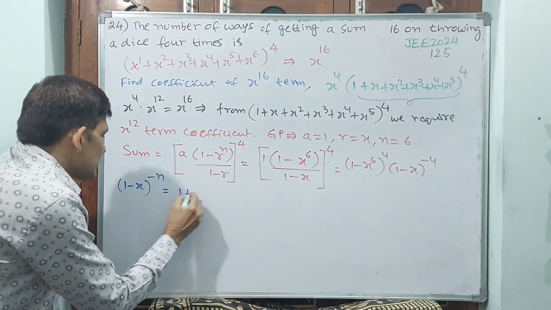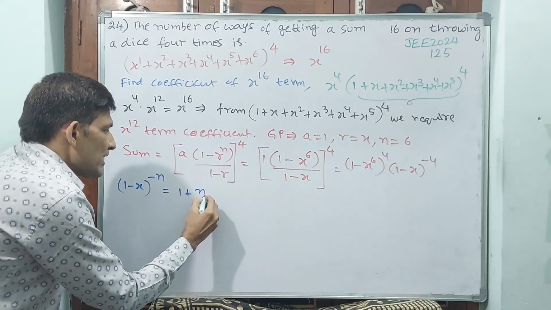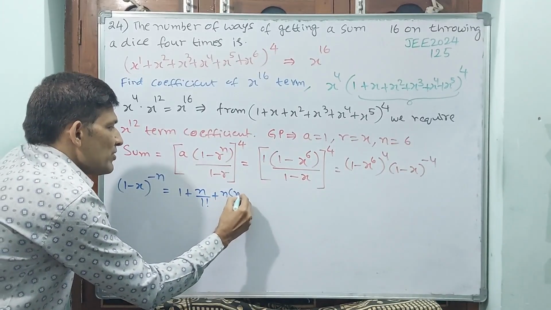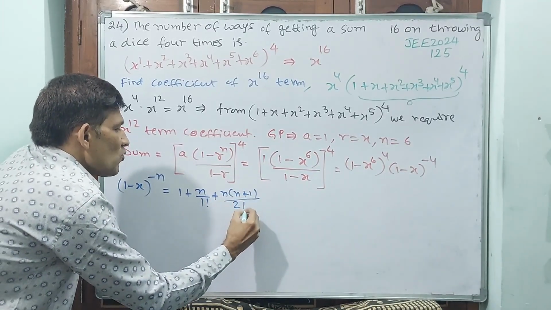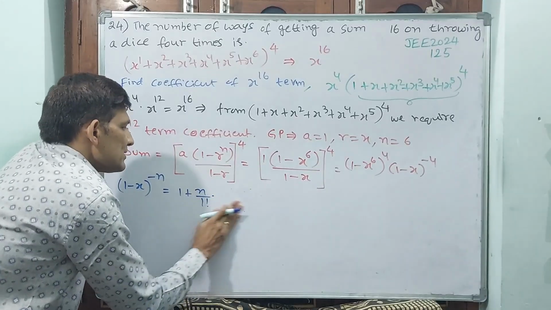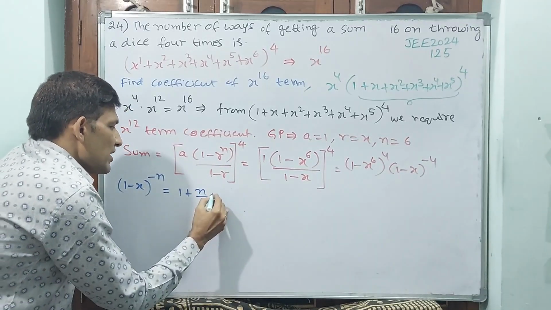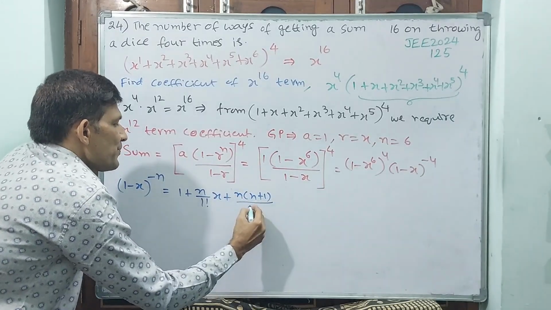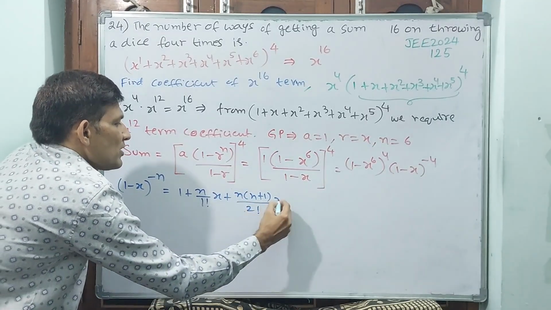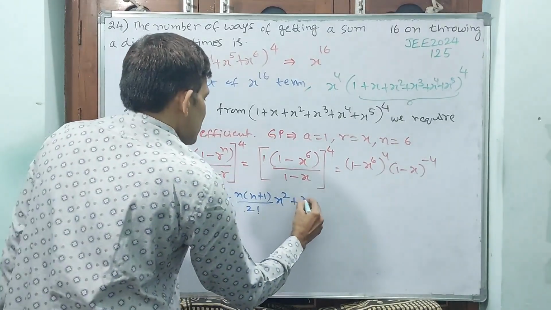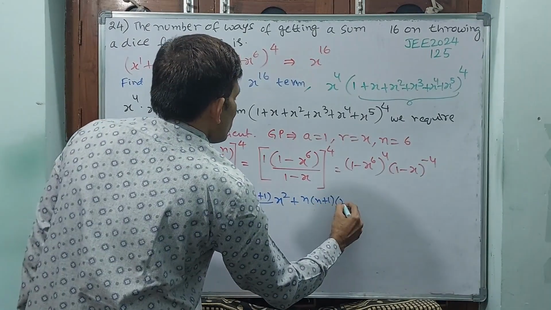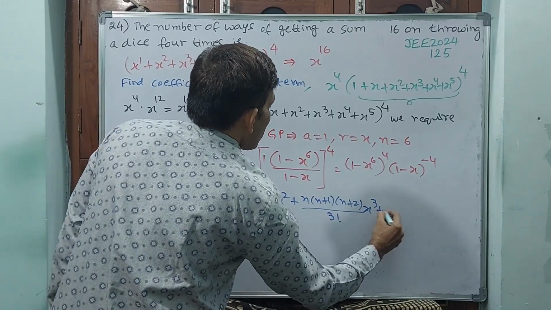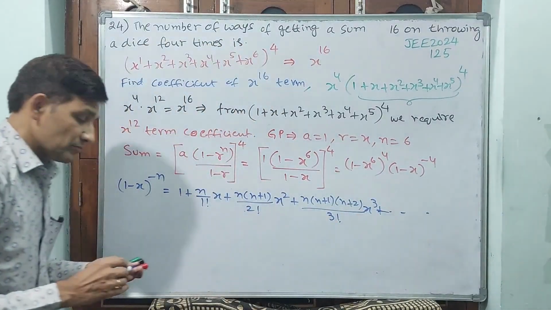You see, 1 plus, see, both are negative. 1 plus n by 1 factorial x plus n into n plus 1 by 2 factorial x square plus n into n plus 1 into n plus 2 by 3 factorial x cube plus up to infinity it goes. Here x will not come for the first term, but from here onwards x will come.